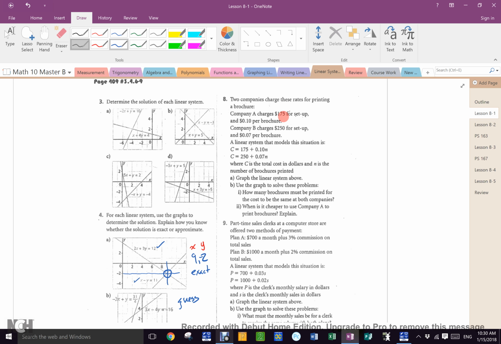I mean, cost or number of brochures? Number of brochures is independent. So X must equal brochures and Y must equal cost, correct? So if I'm going to put this in slope-intercept form, Y equals, first guy is 10 cents per brochure. So 0.1 X plus how much?